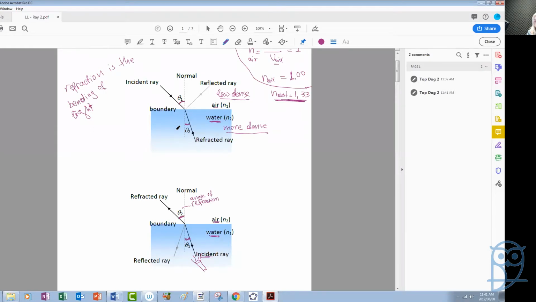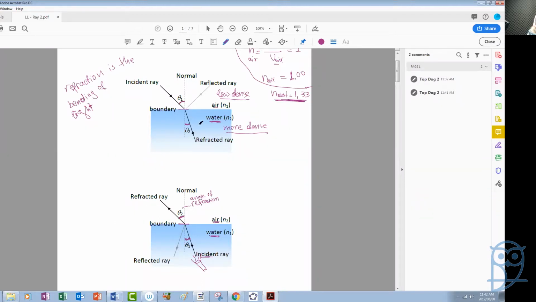In both cases, be careful, the refraction happens at the boundary. And when we say boundary, what is the boundary? The boundary is this line, the interface between the two media. So refraction happens at the boundary. But after the light passes to the second medium, it continues in a straight path as usual, because light travels in straight paths.